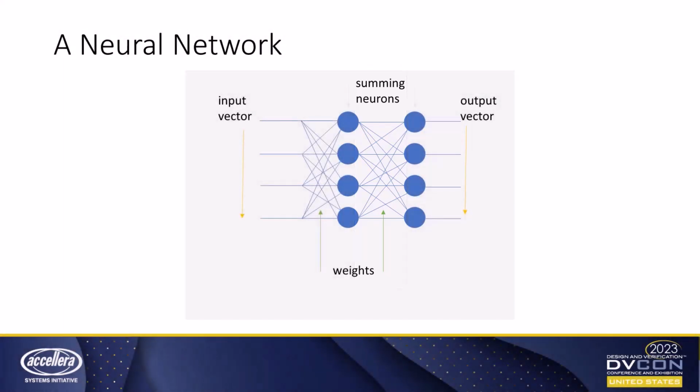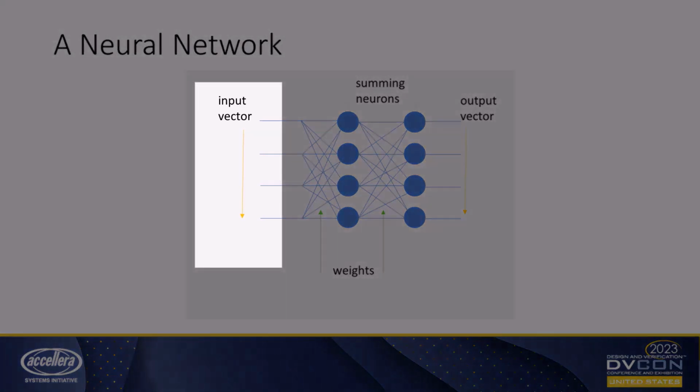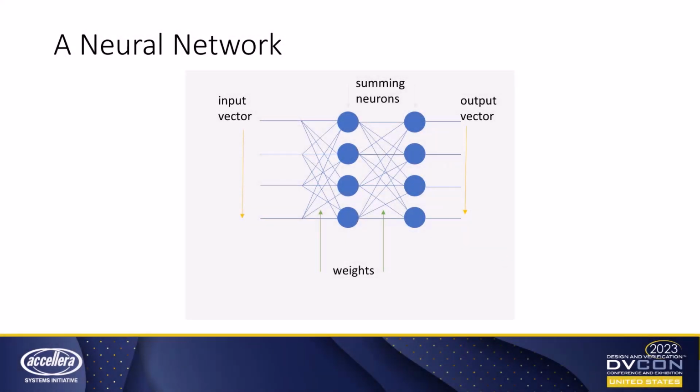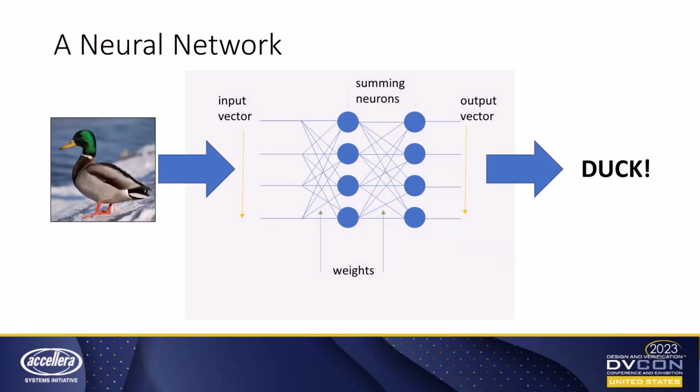So the output of a prior node is multiplied by a weight, and then all the results of those multiplications are summed at each node, and then each node generates its output based on that summing. Of course, at the input, there's some input vector and an output vector that gives you some idea of either classification or solution of a problem that is the reason you are using a neural net to begin with.